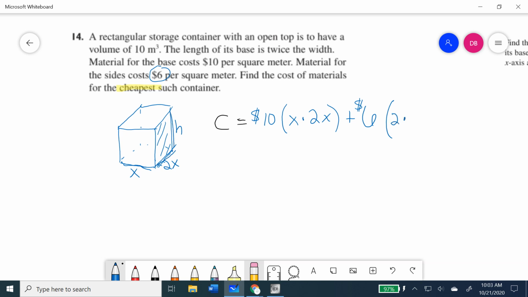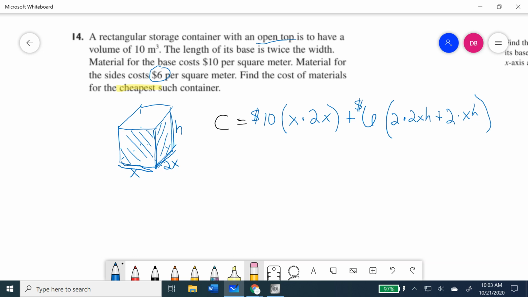So 2 of them are 2x times h, plus another 2 of them are x times h. And now I have a formula for cost. And again, it does not have a top. It said it was an open top.